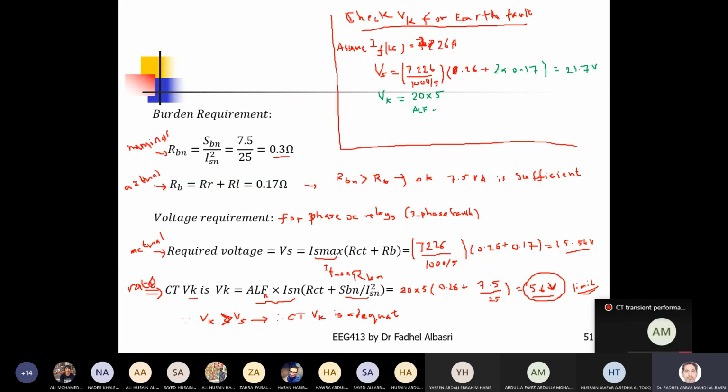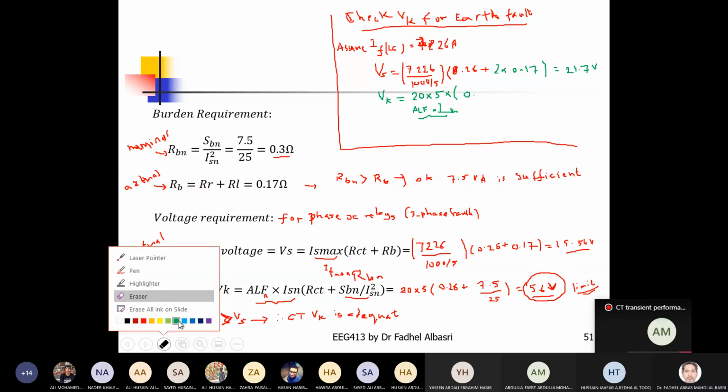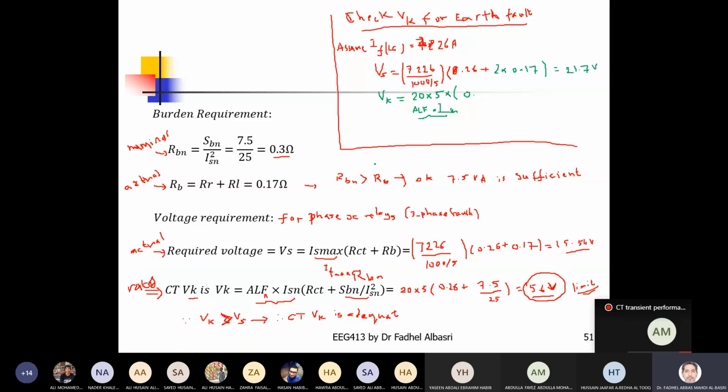This is our maximum secondary current according to the ratings, times the 0.26 plus 2 times this.